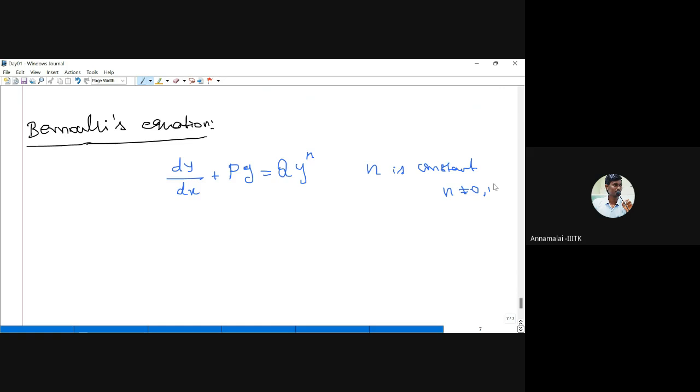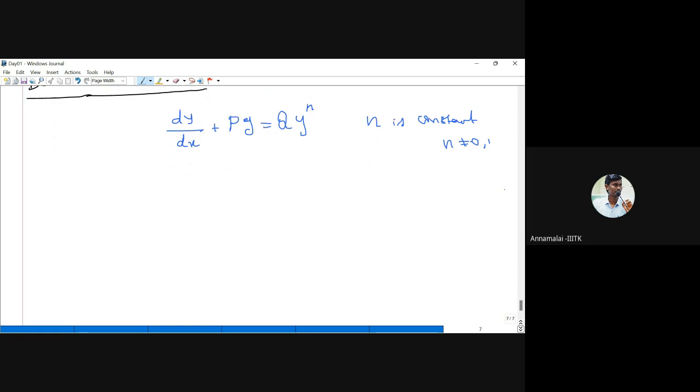So how do we find the solution of Bernoulli's equation? What is the method? We have to divide both sides by y power n.